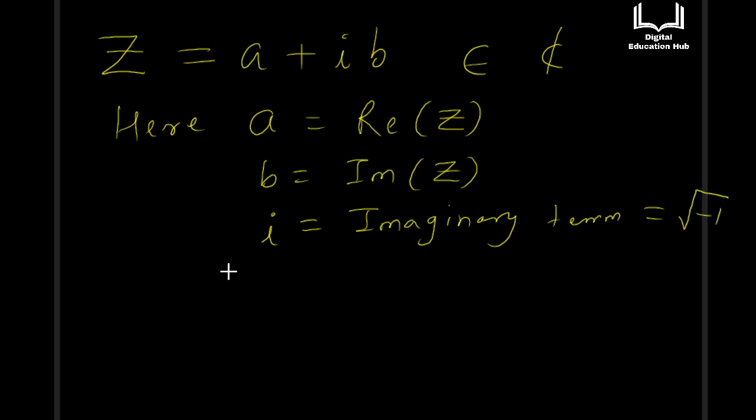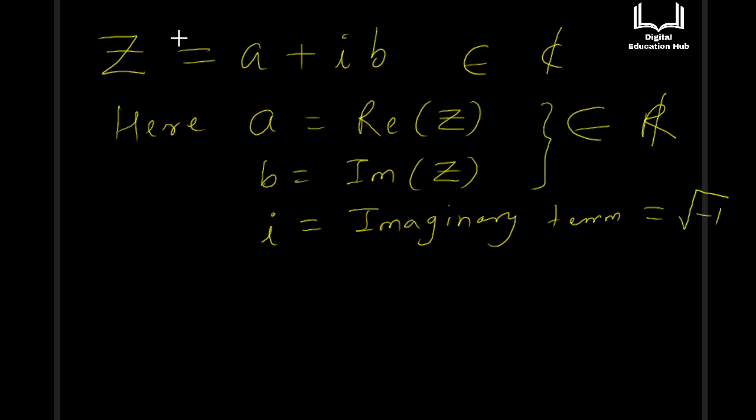With respect to this concept, the real part of z belongs to the real numbers. This b is also a number. This is the imaginary value, but along with i that becomes imaginary. So that is also going to be part of it.